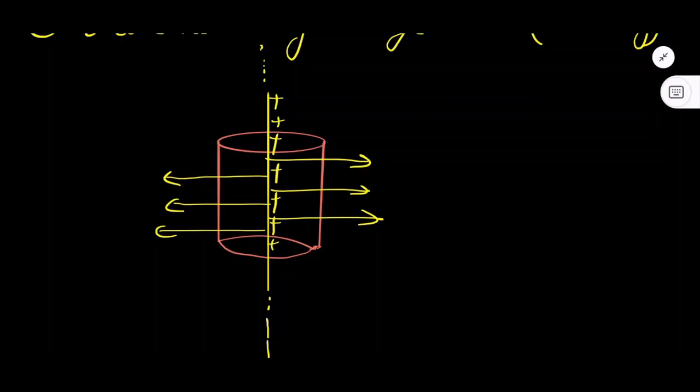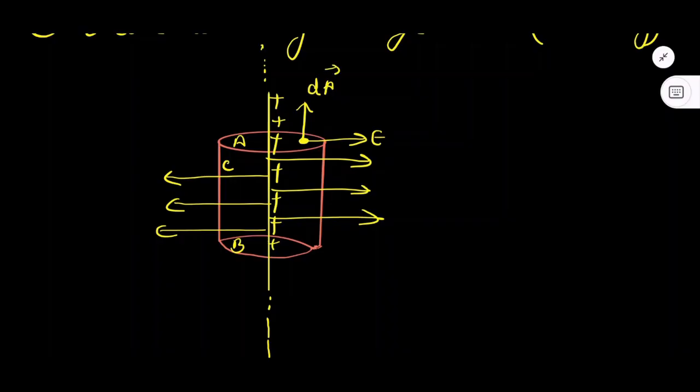Okay, now for the Gaussian surface we have a surface A, and let it be surface B, and let it be C. So if I draw a small element over the surface A, the electric field will be in this direction, while the area vector will be outward normal, that is in this direction.